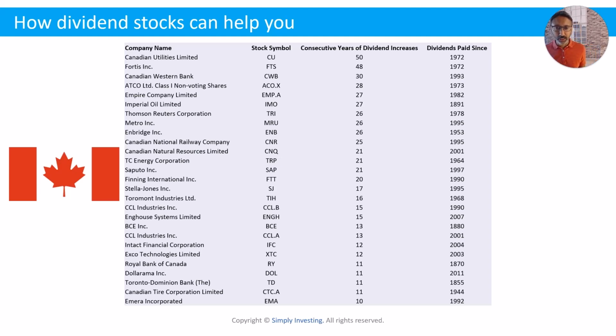The TD Bank, 1855. And if we look at the top of the list, you can see that Canadian Utilities has had 50 years of consecutive dividend increases, which is incredible. So again, companies like these can give us a high level of confidence that they will continue to pay us a dividend in the future.